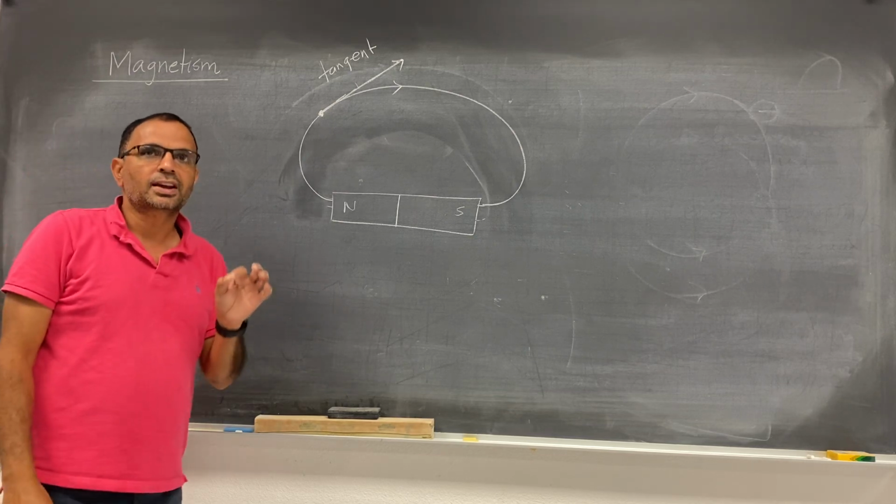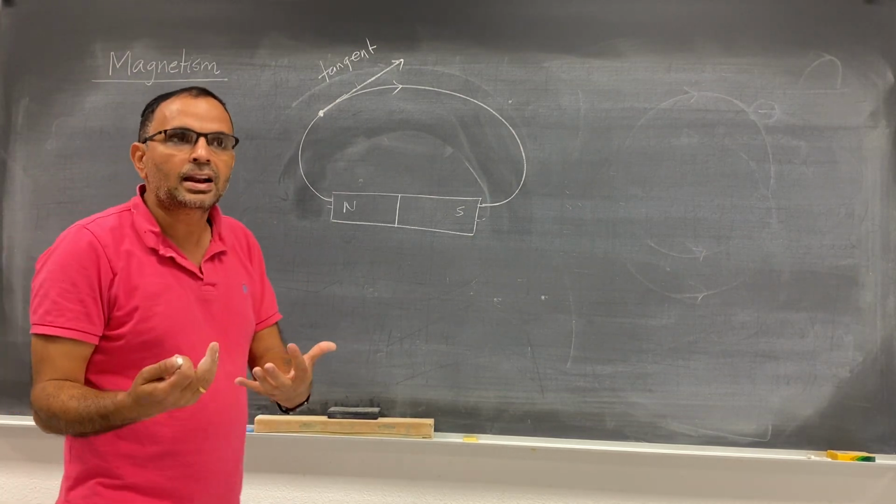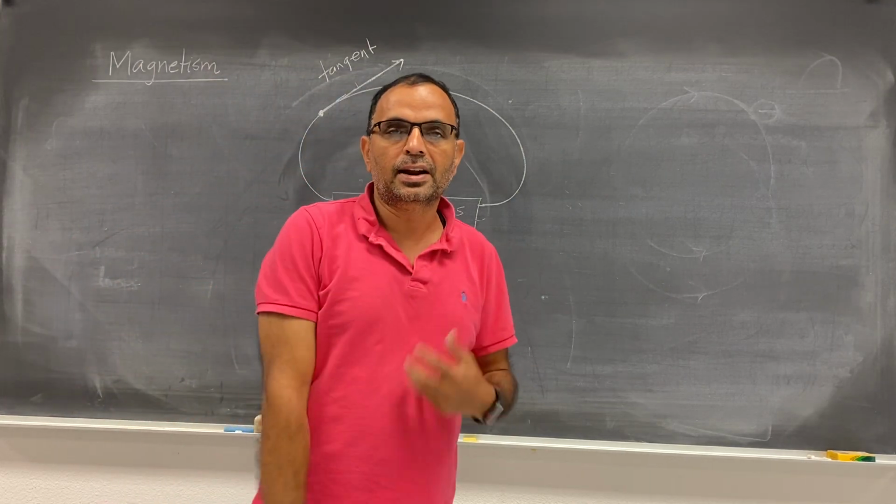If you draw the tangent at any point on the magnetic lines of force, that tangent line gives you the magnetic field at that point.